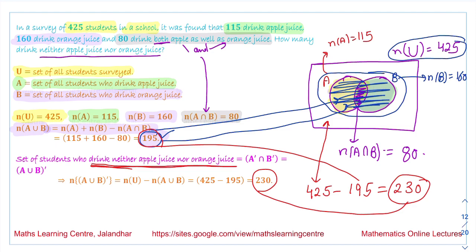Next we have, in a group of 850 persons, 600 can speak Hindi and 340 can speak Tamil.